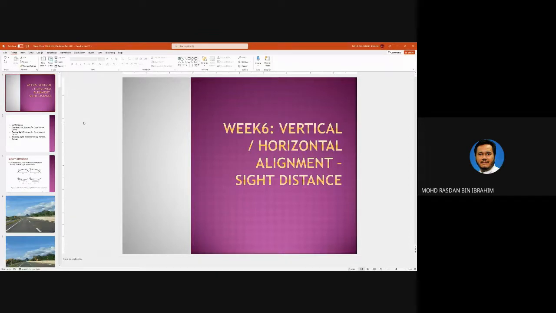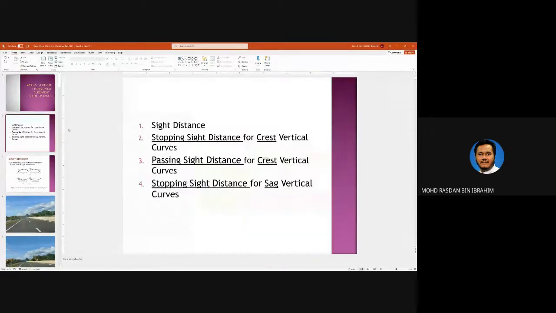Okay, so let's start our class today. So this week is going to be about vertical and horizontal alignment and also sight distance. The sight distance concept that we're going to cover will encompass stopping sight distance for crest vertical curves and passing sight distance for crest vertical curves.